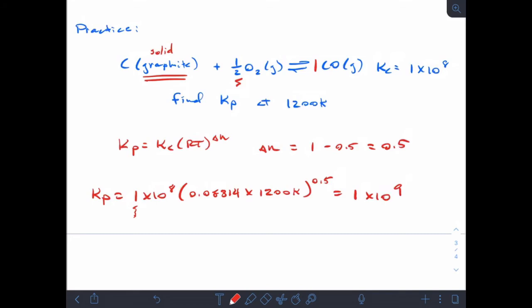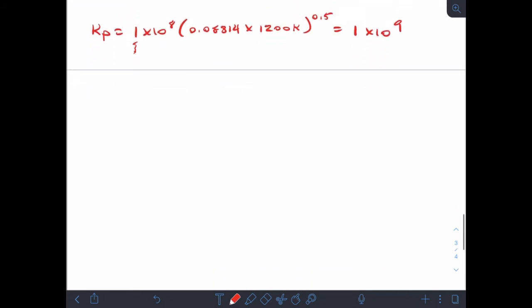All right, so the last thing for this particular video is how to interpret the magnitude of the equilibrium constant. Because some equilibrium constants are very, very small numbers, some are very, very large numbers.